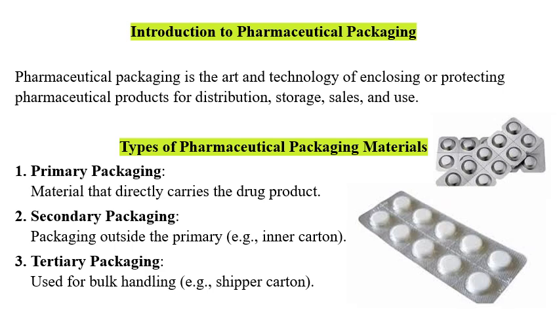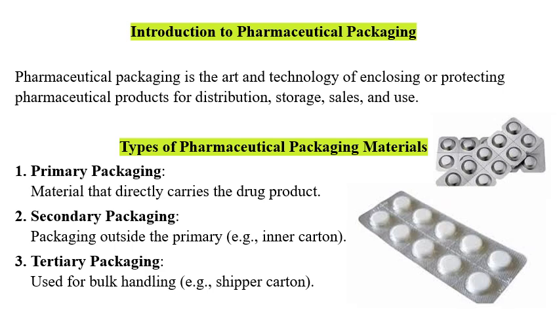Simply, you can say packaging materials are those materials which are used to pack pharmaceutical products in order to protect them from environmental conditions like temperature, humidity, light, and oxygen. They are also used to distribute or transport, store, sell and use. So the entire formulation is required to be packaged for distribution in the market.